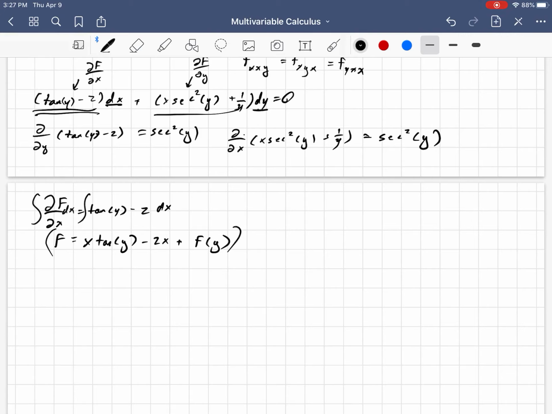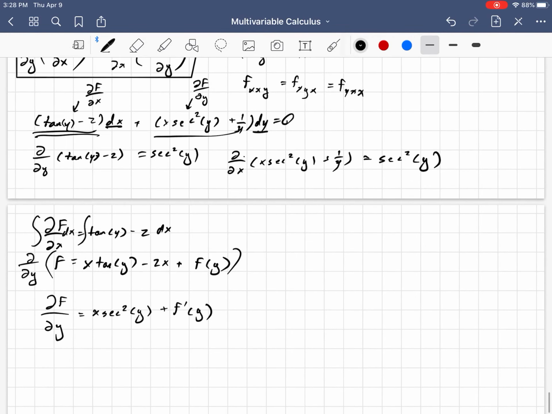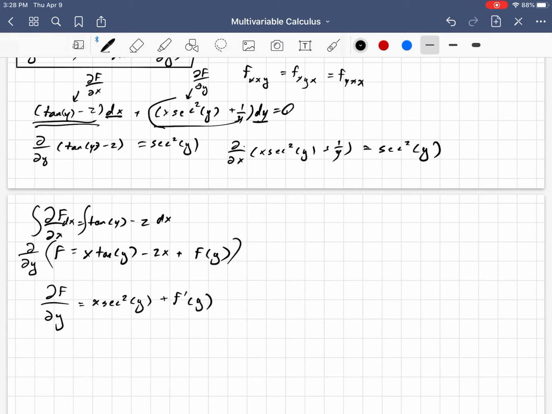So what we can now do is take this f and differentiate it with respect to y. So partial f with respect to y should be x secant squared y plus f prime of y. And remember, partial f with respect to y is also this.